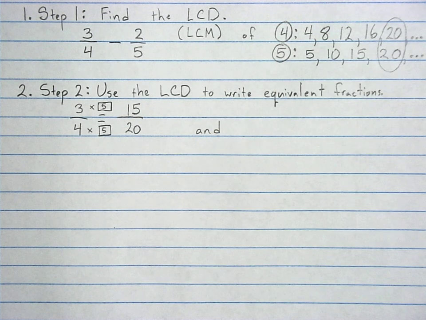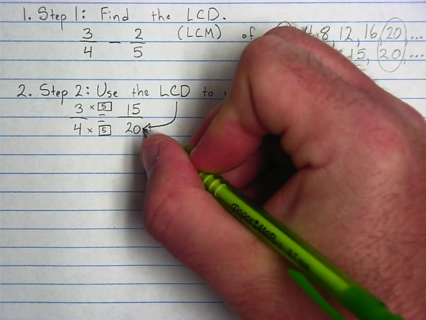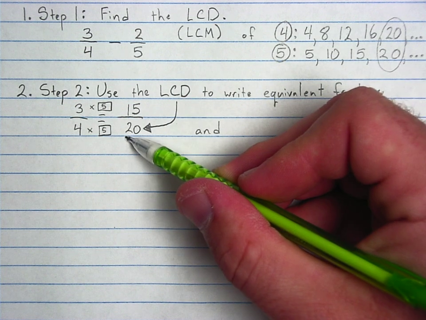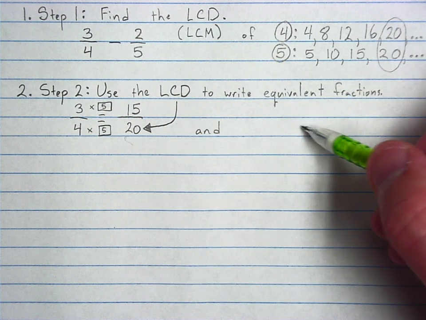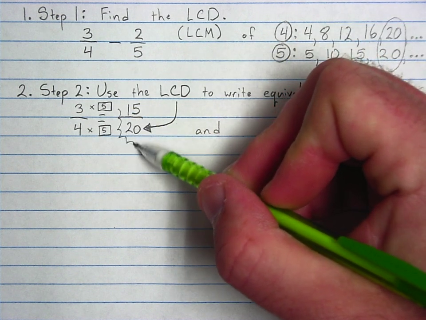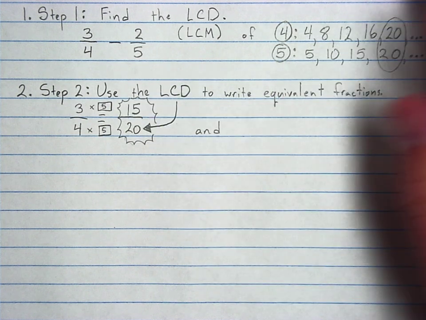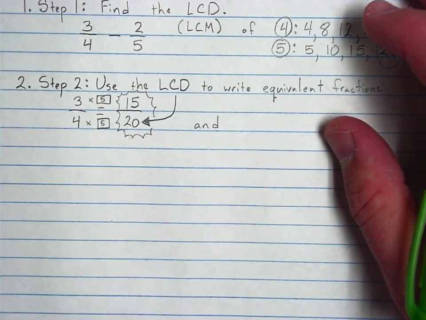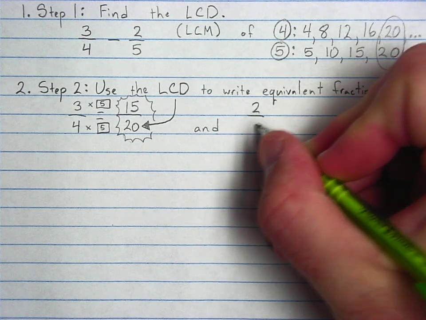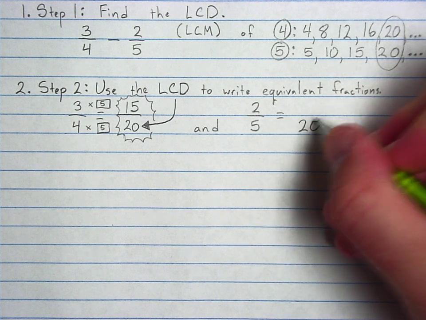And actually, just to make sure we're driving the point home, and because I love my arrows, LCD right here. We're going to put it over here also, but I don't think I'm going to have room for arrows. That is how we're going to get our equivalent fractions with a common denominator. Okay, back to business. And 2/5 equals something over 20.